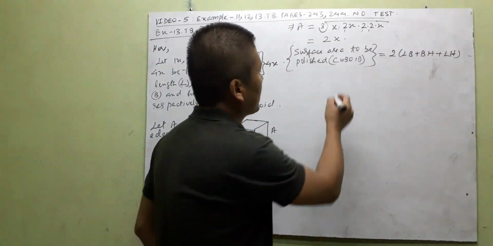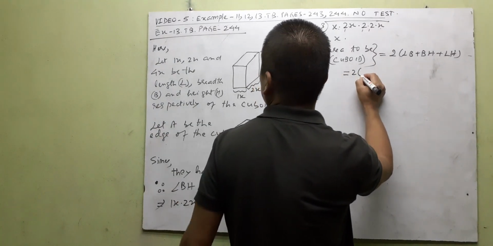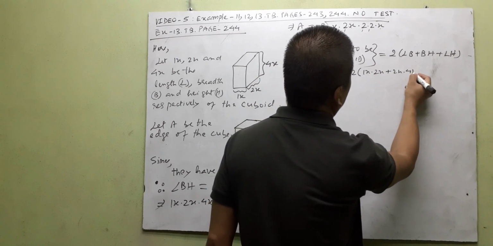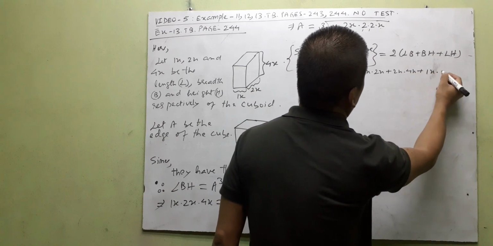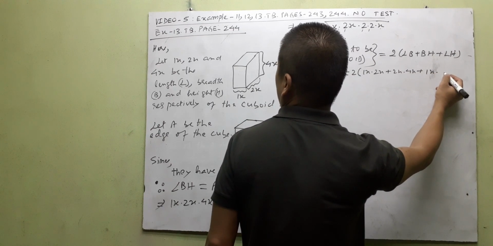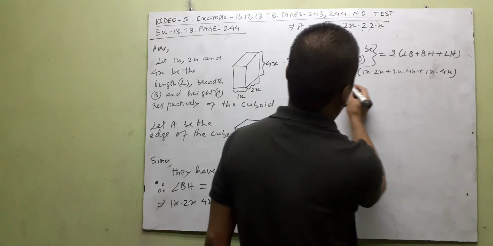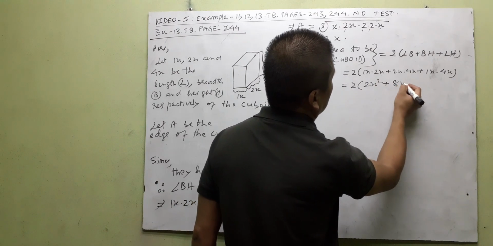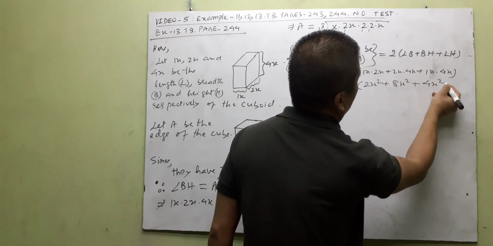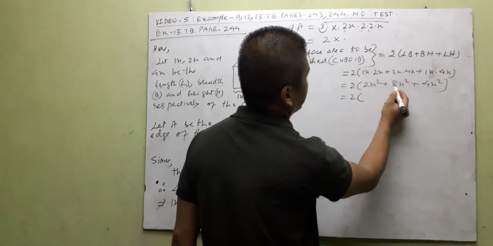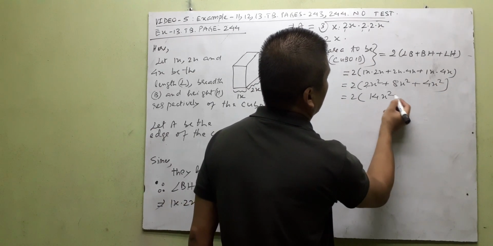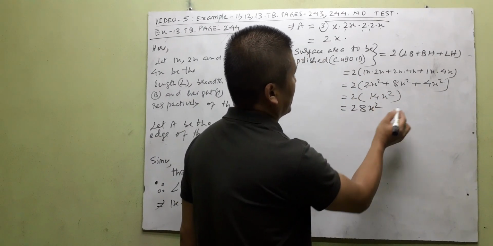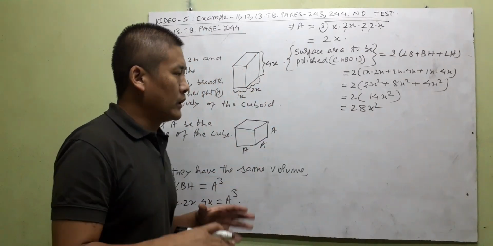So 2 into L is 1x into B is 2x, plus B is 2x into H is 4x, plus L is 1x into H is 4x again. So that is 2 into 2x squared plus 8x squared plus 4x squared. That is 2 into 14x squared, so this is 28x squared, the surface area of the cuboid that needs to be polished.